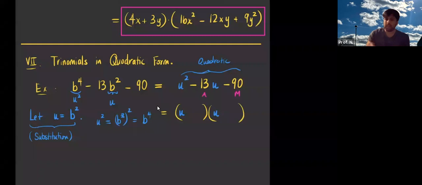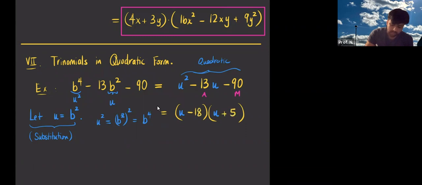Negative 90, again, 18 and 5 will be the more likely candidates. Negative 13 comes from the fact that negative 18 is added to positive 5. So we have here negative 18 and positive 5.